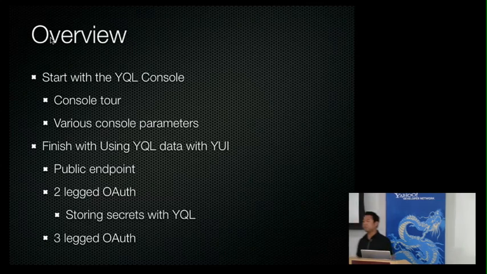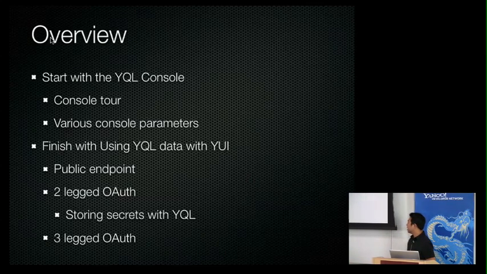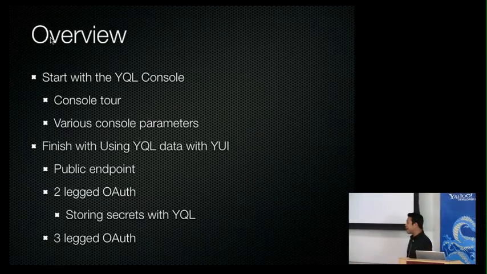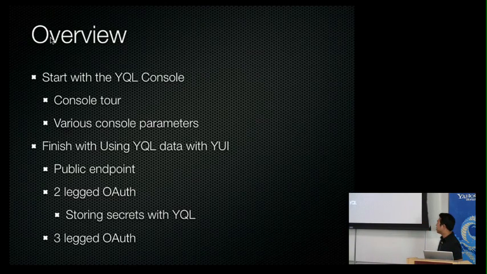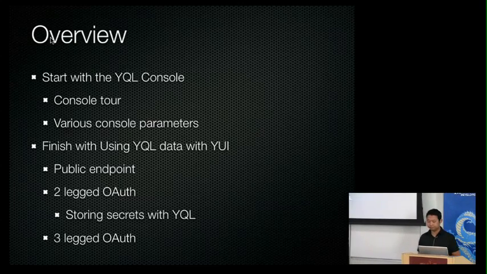So hi, I'm Paul, and I'm part of the YQL team. And what I'm going to cover today is how to access YQL data through our various endpoints and how to use YUI to help you do this.